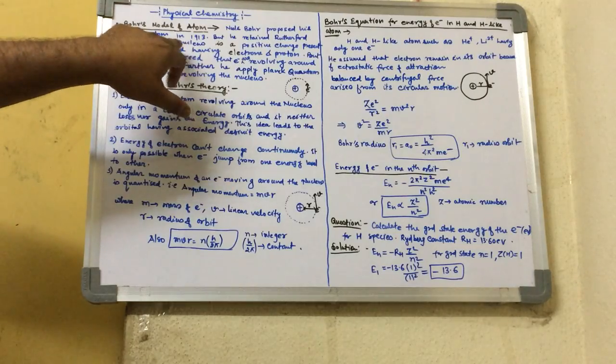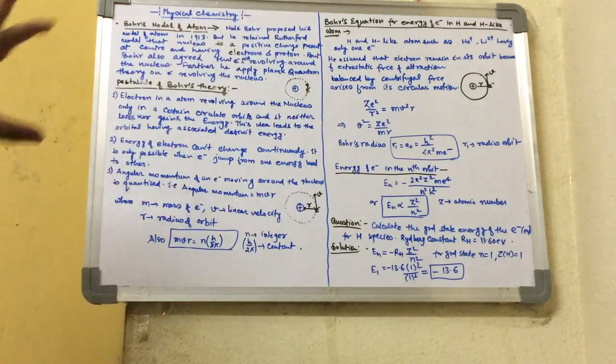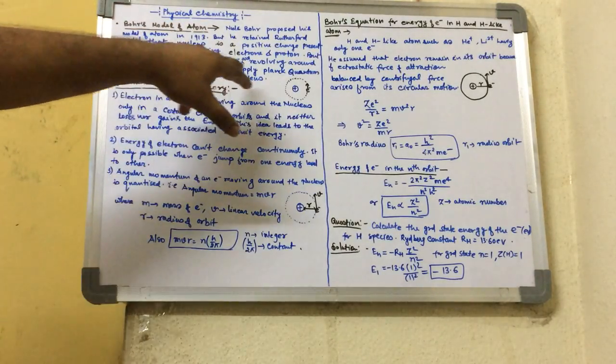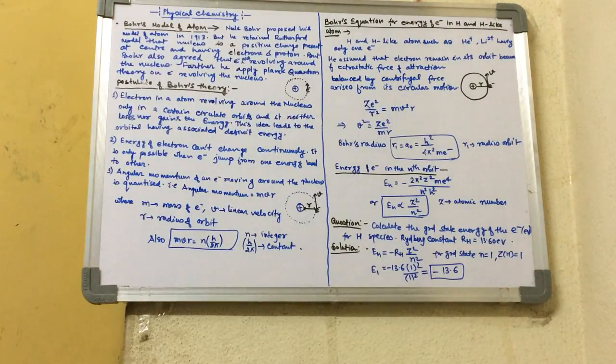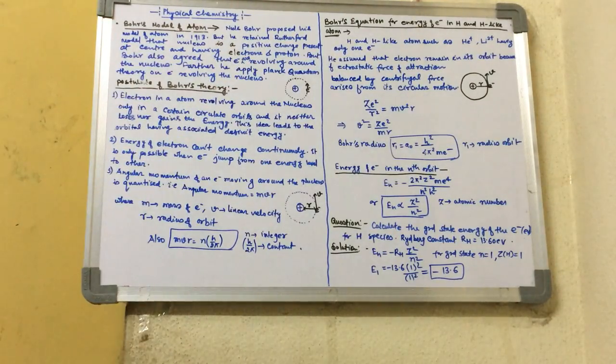What is that fundamental statement? The nucleus is a positive charge present at the center of the atom, having positive protons, with negative electrons around it. Here Bohr agreed with this statement and moved further, and he said the electrons revolve around the nucleus, and he applied Planck's quantum theory to the revolving electrons.